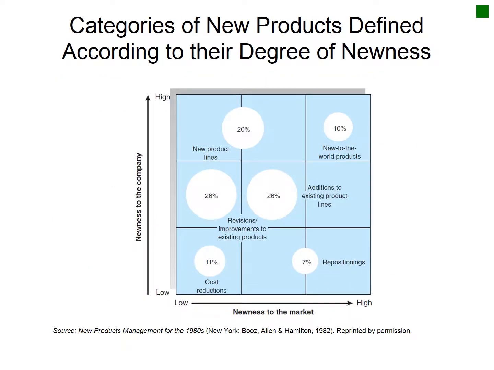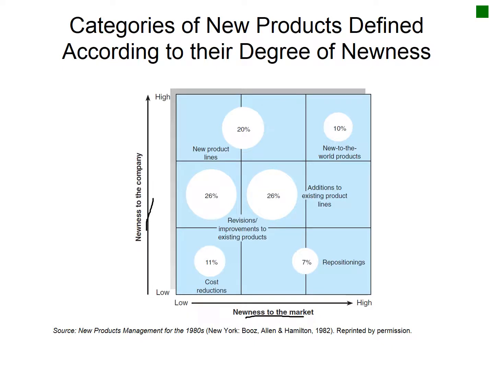So we have these different categories of new products that are available that you most likely have seen before, where we have product changes that customers may not even see in cost reductions. These are new to the market and new to the company, but not dramatically new. So we have low newness to the company and the marketplace.